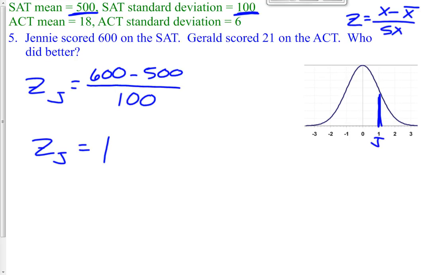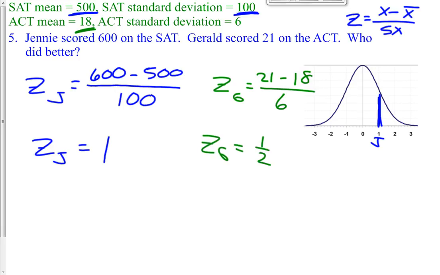How about Gerald? Here's the z-score for Gerald. His score was a 21, minus the mean of the ACT, which is an 18, divided by the standard deviation, which is 6. So 21 minus 18 is 3, and 3/6, the z-score for Gerald is 1/2.